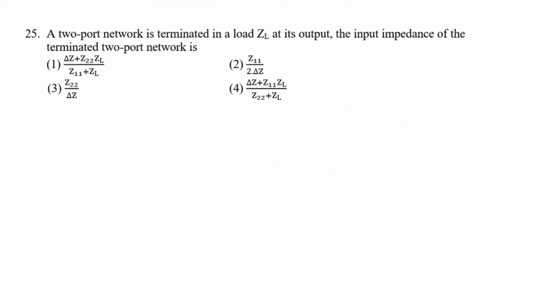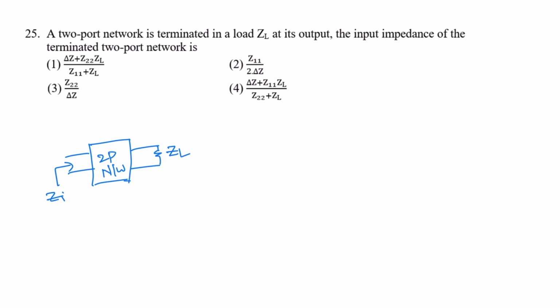Next question. A two-port network is terminated by load ZL at output. Then what is the input impedance of the terminated two-port network? So this is a two-port network when output is terminated with load ZL. What is the input impedance Zin?